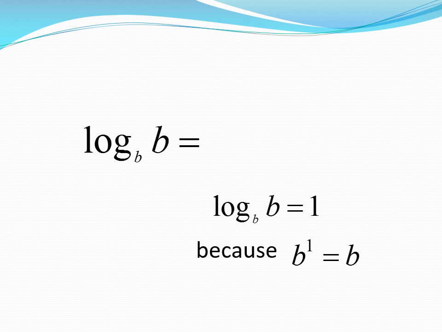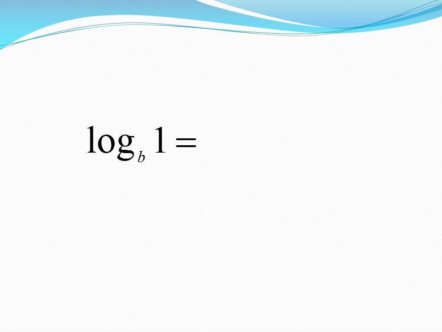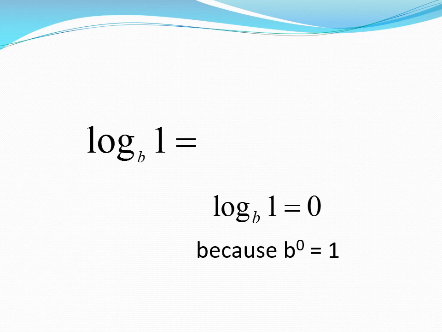So you're saying, okay, what power do I need here? Well, the power that you need is the first power. Okay, moving on. Log base b of 1, again, think about 1 is the outcome. You're saying b raised to a power equals 1. Well, we know that everything raised to the 0 power equals 1, so this is just equal to 0. Because b to the 0 equals 1, that means log base b of 1 equals 0.